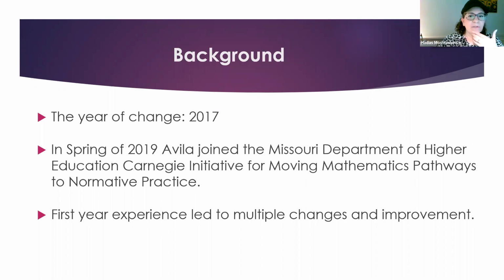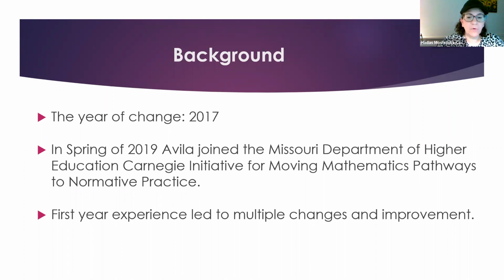Starting from fall of 2017, based on students' placement score, they were placed in a foundation level math course, which we call math literacy, or a college level math course, or the college level math course with Corequisite. Fall of 2017 was also the first year that I joined Avila, and I received the opportunity to develop and teach these Corequisite courses.